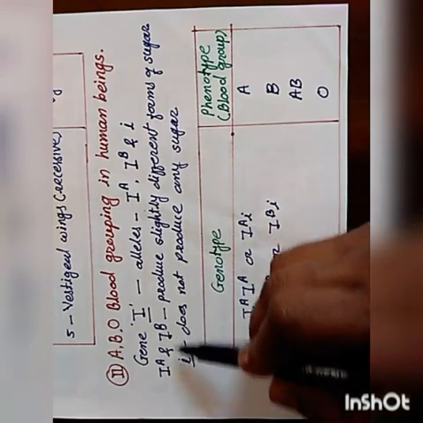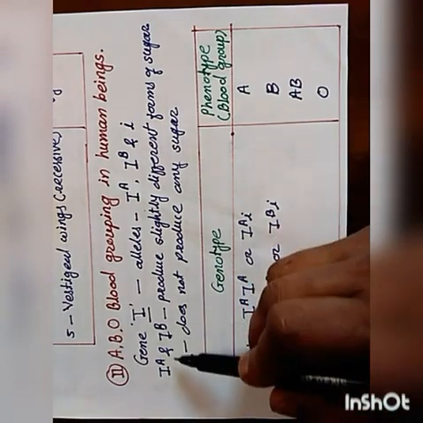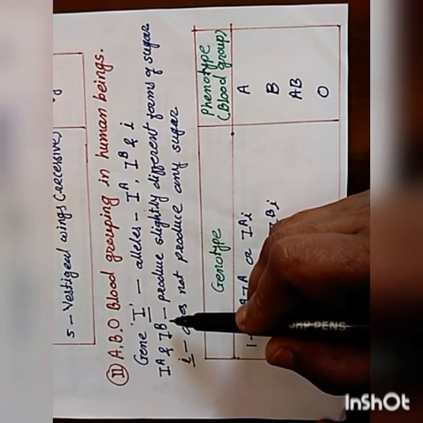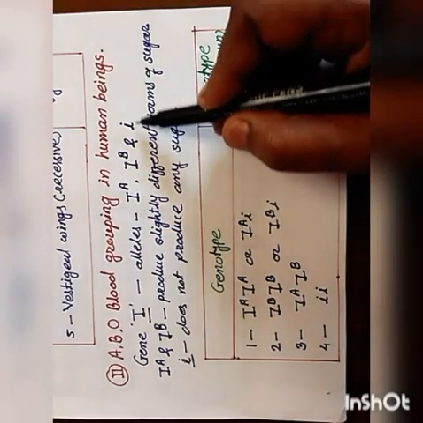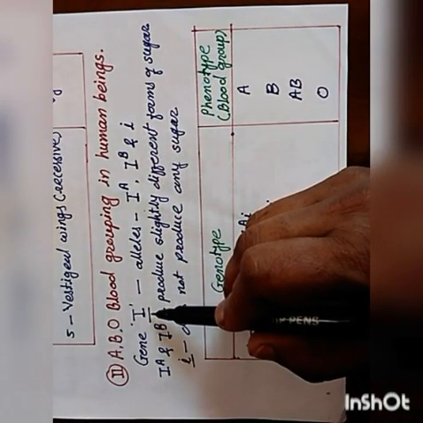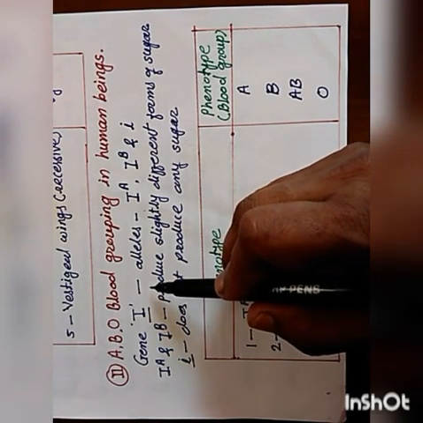Means here it shows the codominance, means both the alleles express their characters in the individual. Then in case of human being, there are three different alleles of the gene I, which is responsible for the expression of a character, means the blood group.